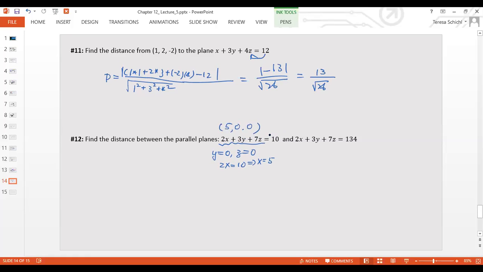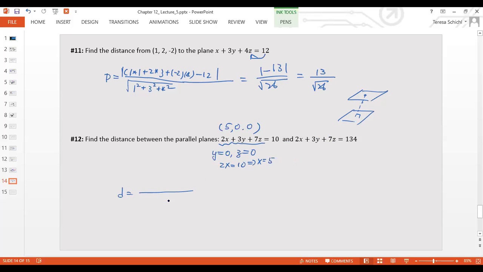If this is on this plane, now I know how to find it. If you have two planes and these two planes are parallel, you choose a point here, then the distance from this point to the other plane will be the distance between these two planes, right? So what is the distance here?